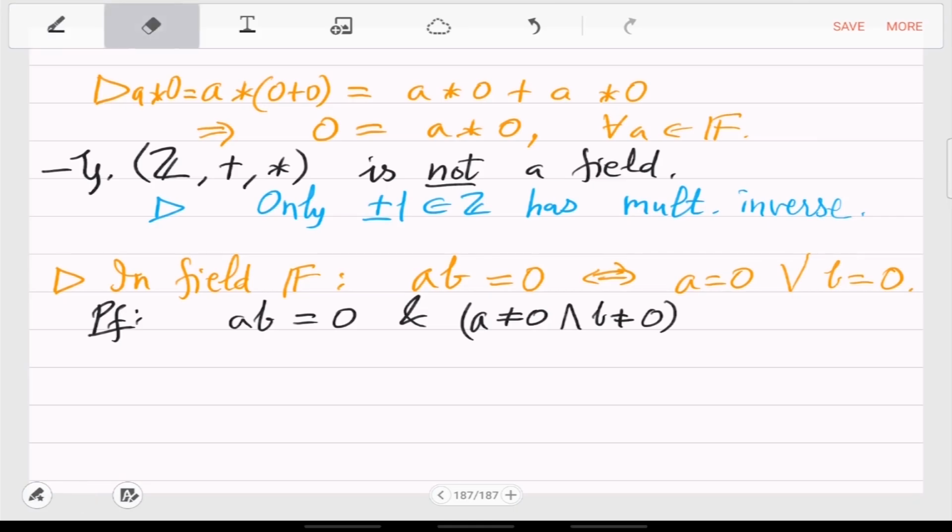Or maybe we could also just cleanly do it by, no, let's keep this way. Just the first condition. So if AB is 0 and A is not equal to 0, then it will have an inverse. So you can multiply by A inverse.